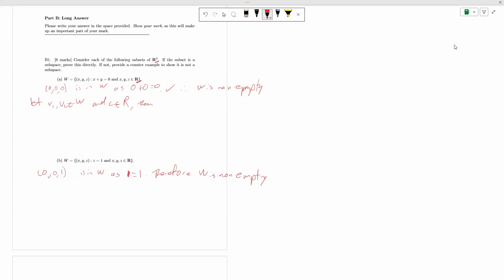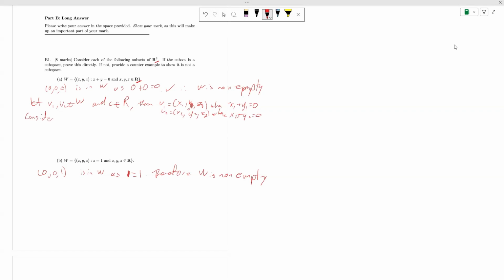Then V1 equals X1, Y1, Z1, where X1 plus Y1 equals 0, and V2 equals X2, Y2, Z2, where X2 plus Y2 equals 0.